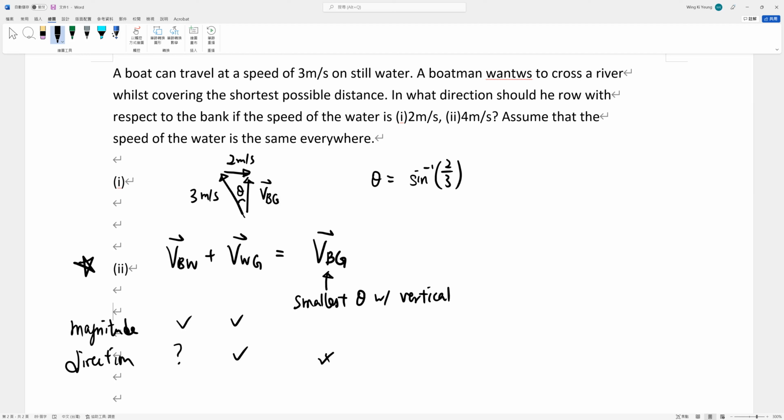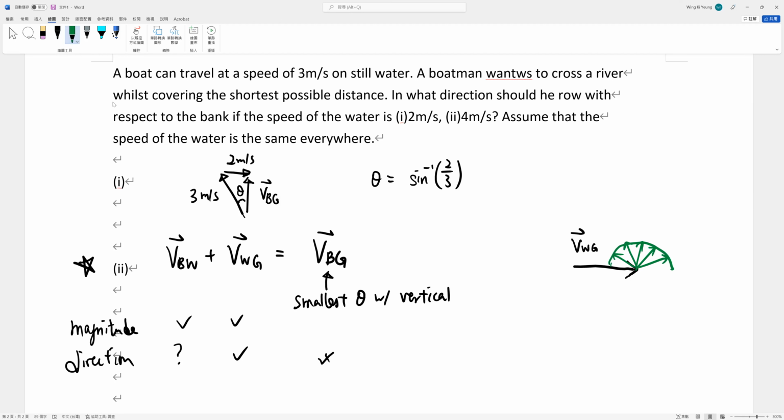Now VWG is longer than VBW. This is with the magnitude 4. Now we don't know at what angle VBW should be, so I draw the VBW in all angles. That means you can draw a semicircle here.